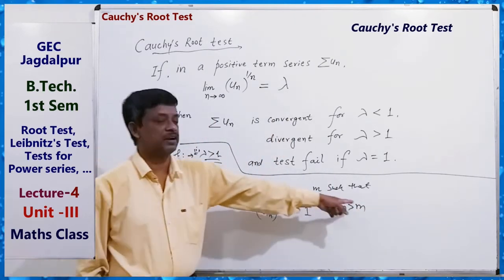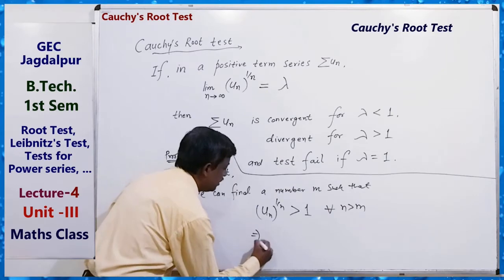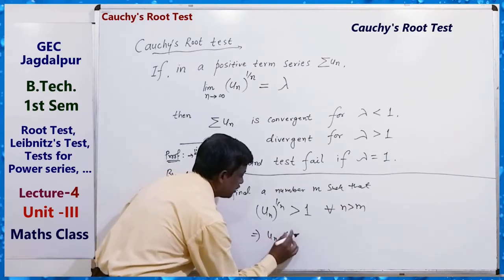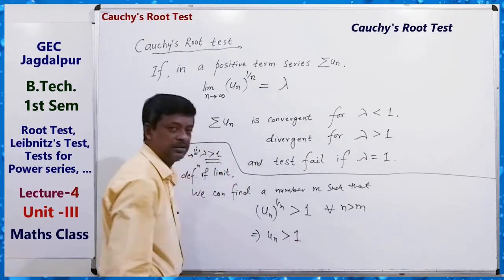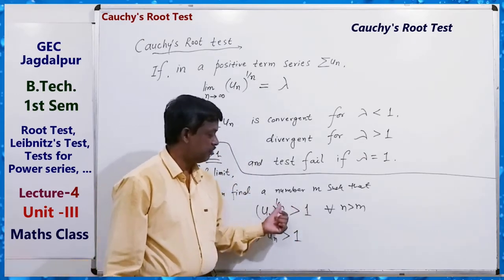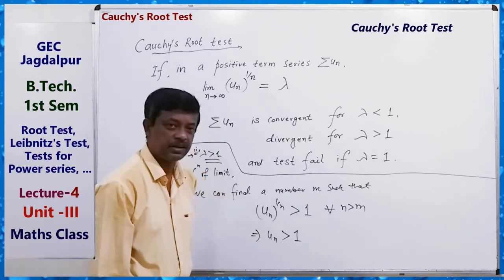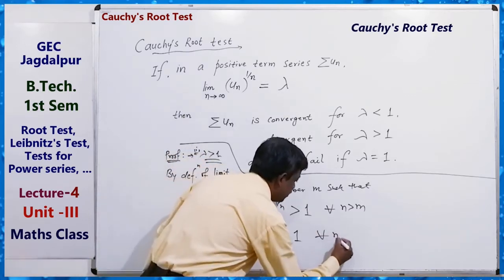Now neglecting the first m terms, we get un is greater than 1. Applying the power of n to both sides, we get this for all n greater than m.